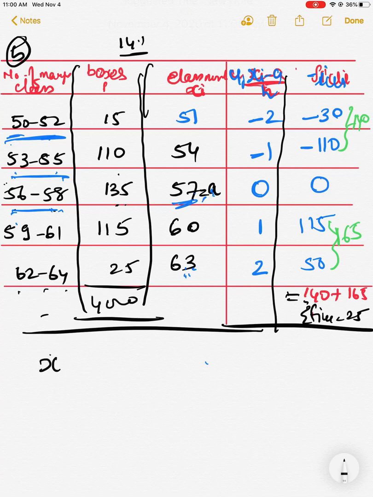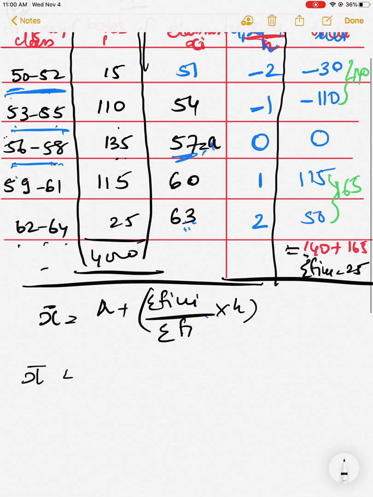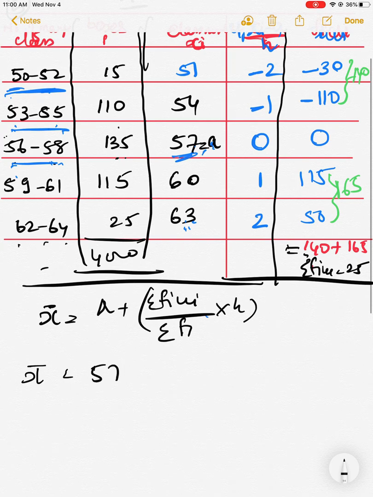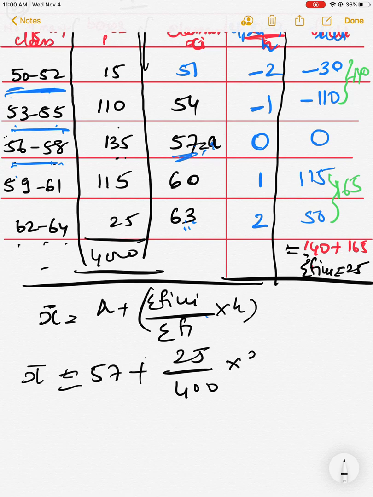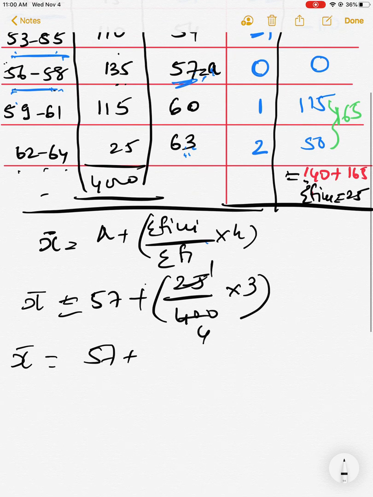Now the step deviation method. What is the formula? Bar x is equal to A plus sigma fi ui upon sigma fi, into h. So bar x is equal to, what is our A? A is 57 plus sigma fi ui 25, upon sigma fi 400, into class length 3.